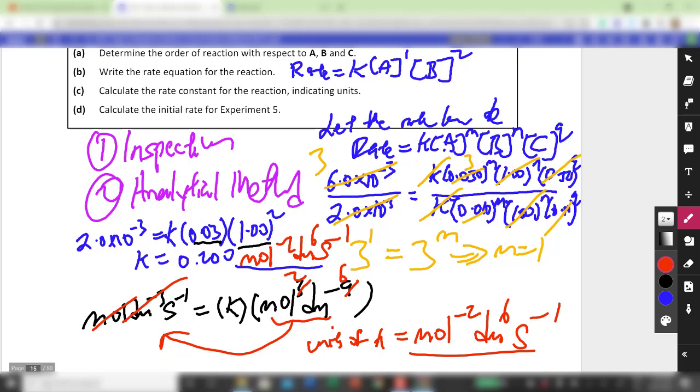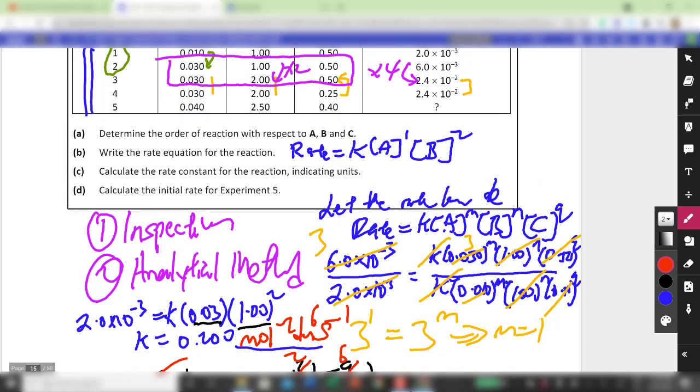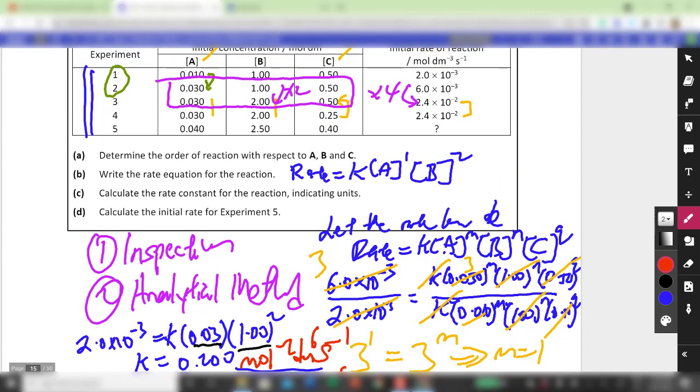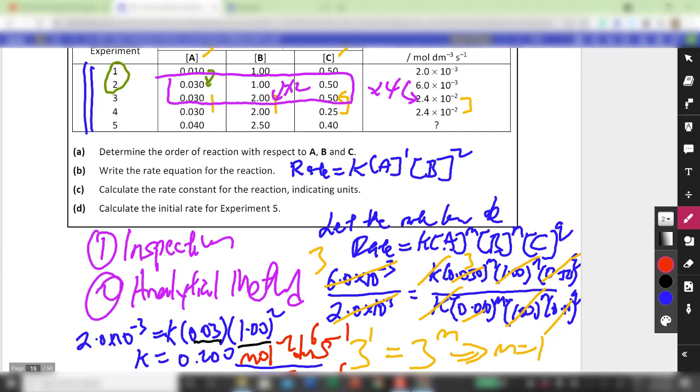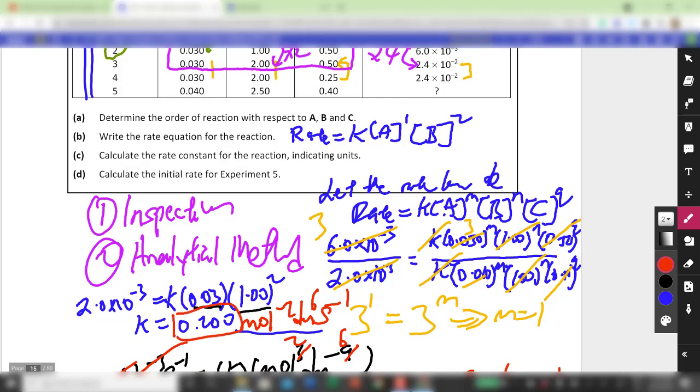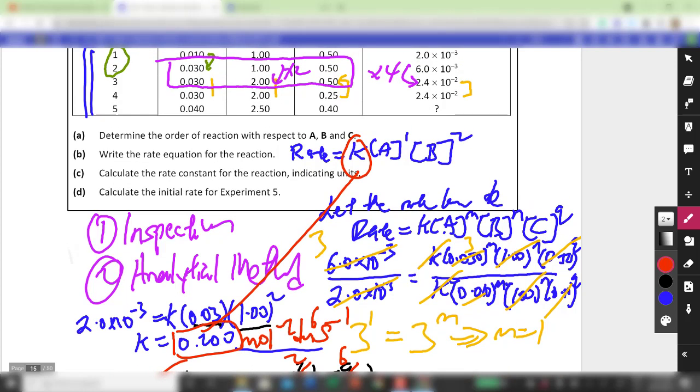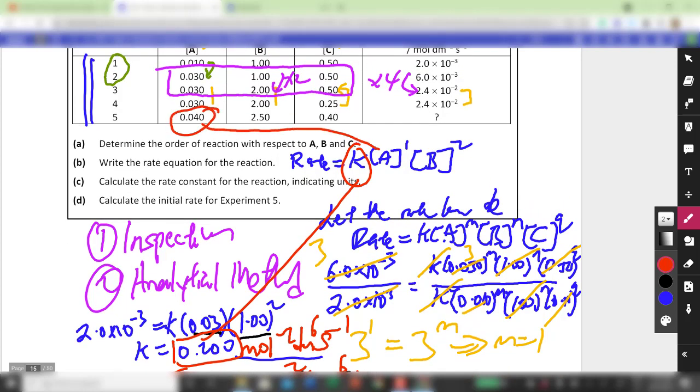Okay, then calculate the initial rate for experiment 5. I think this probably doesn't need me to do much. Basically, you are just going to substitute the value of k into this, and then the value of a here and the value of b here.